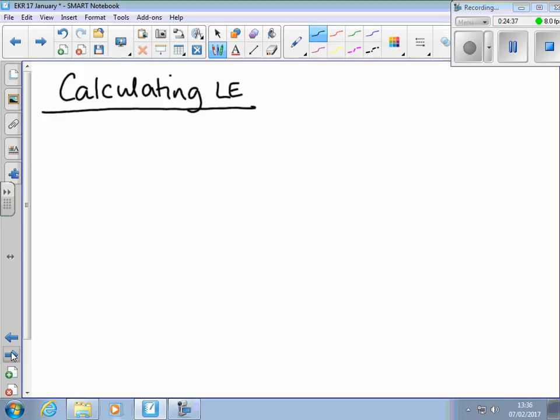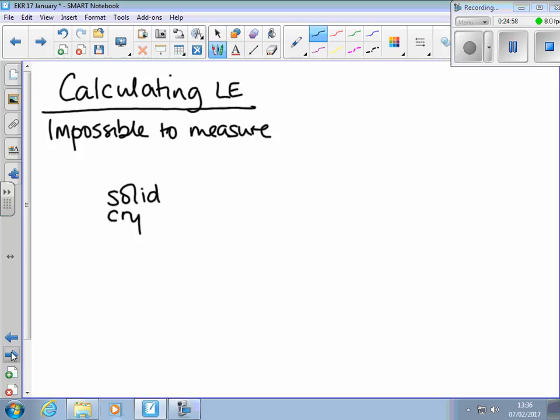Alright, so the problem that we've got is that it's impossible to actually measure either of our situations, whether it's the formation or the dissociation of the lattice. So you can start off, you can have your solid crystal, and you can have your gaseous ions, scattered as far apart as you can get them.